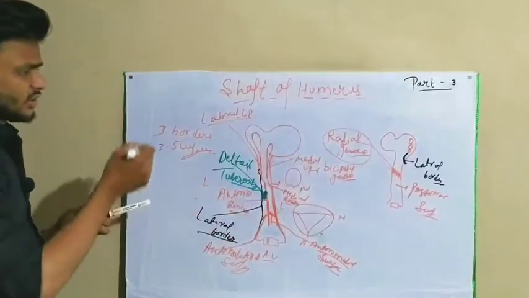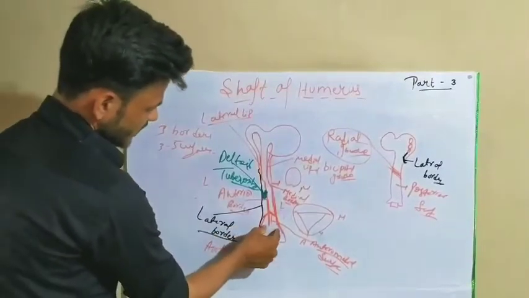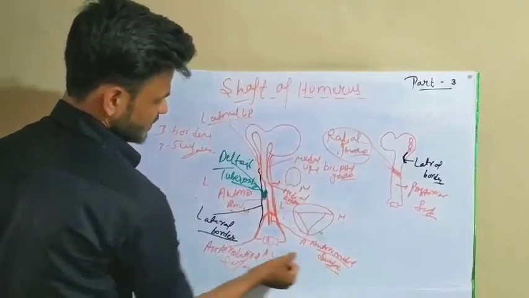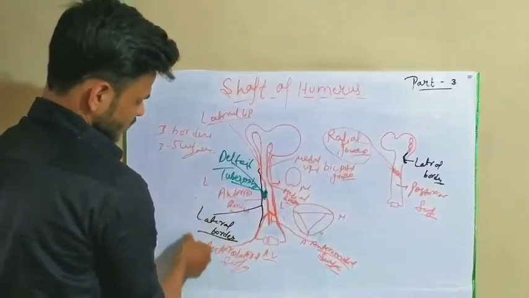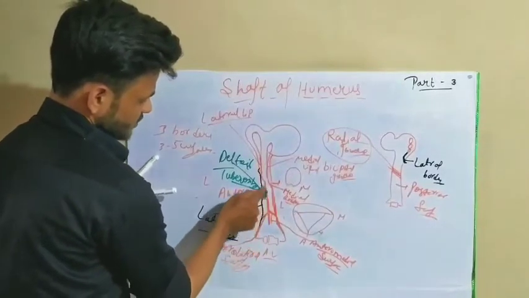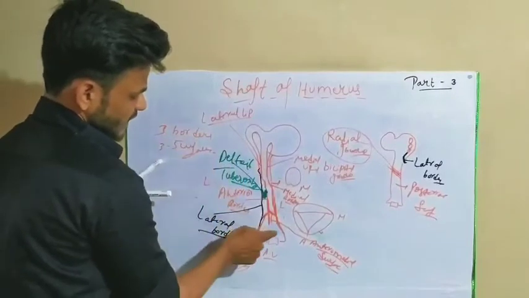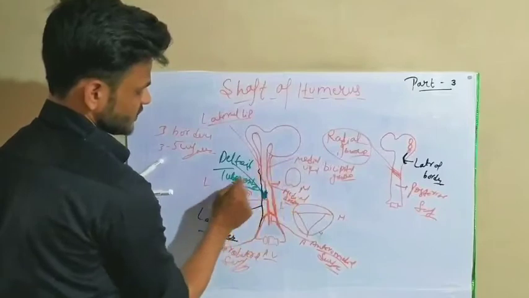This is the deltoid tuberosity. These are our anterior, medial and lateral borders. The surface between the anterior and medial borders is the anteromedial surface, and between the anterior and lateral borders is the anterolateral surface. The anterior border merges with the lateral lip of the bicipital groove, and the medial border merges with the medial lip of the bicipital groove.